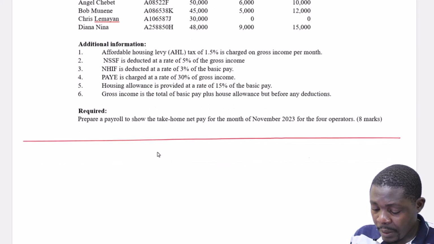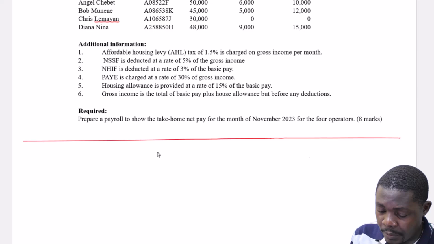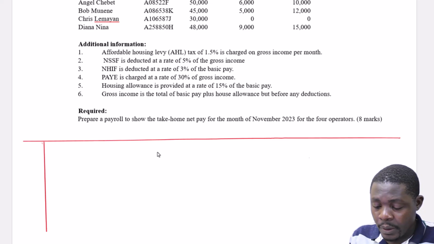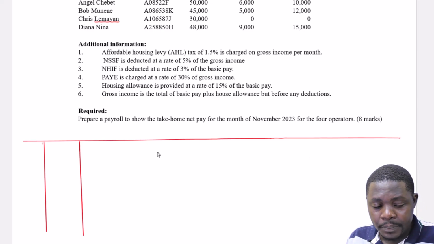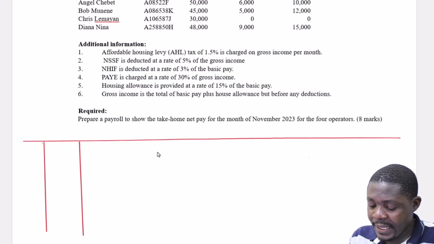The first column, I'm going to record the operator's name. Number 2, I will put their PIN, KRA PIN. Number 3, I'll have to put the basic pay.